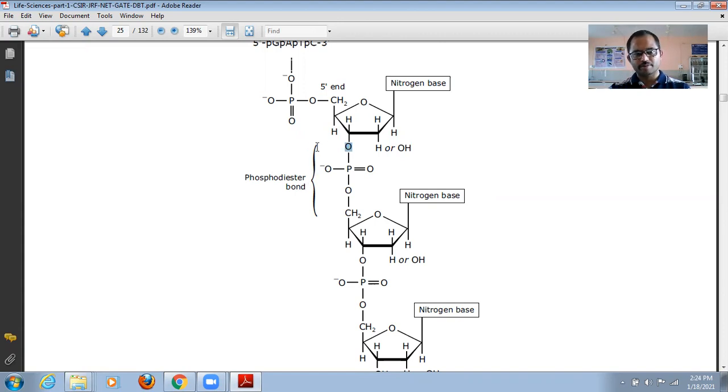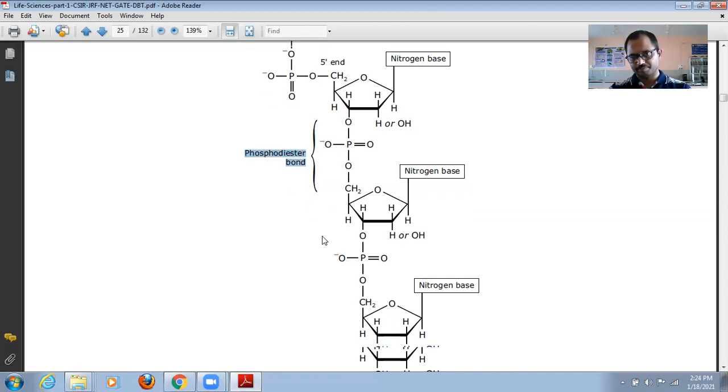You can see here, this one is the phosphodiester bond, which is an important bond in case of DNA and RNA. Again, DNA or RNA, the nucleic acids, are made up of nucleotides, and nucleotides are joined together by the phosphodiester bond. In this way, phosphodiester bond formation takes place.